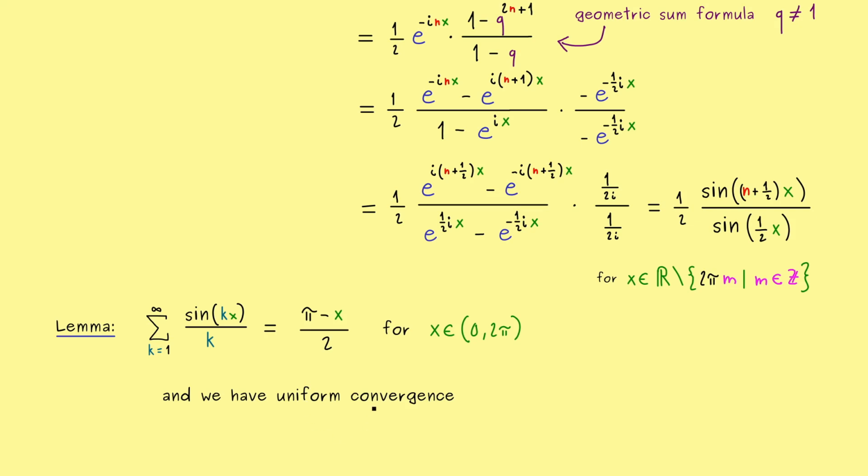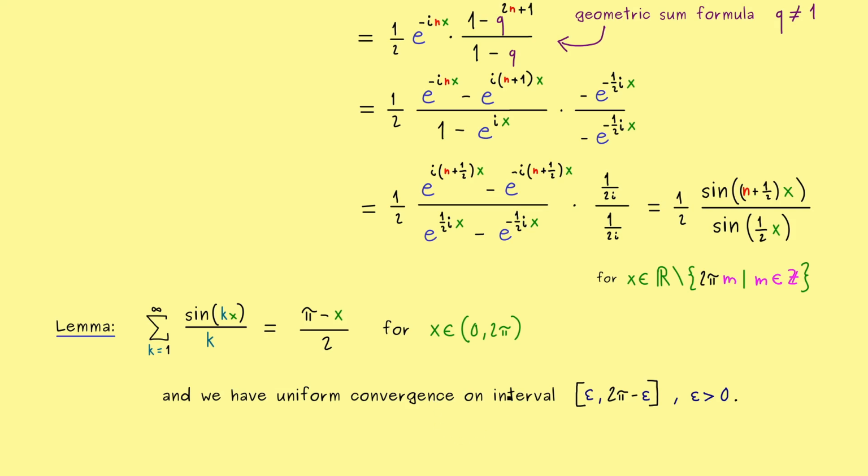And moreover, if we see this here as a sequence of functions, we even have uniform convergence. However, there we definitely have to go to a compact interval. So for example, we could go from epsilon to 2 pi minus epsilon. So you see, we just need some security distance from 0 and 2 pi. And indeed, any epsilon is already enough for that.